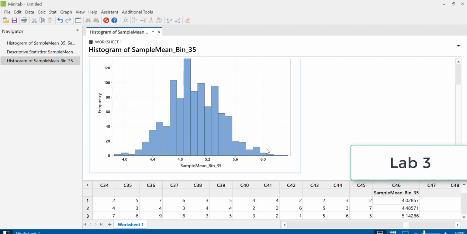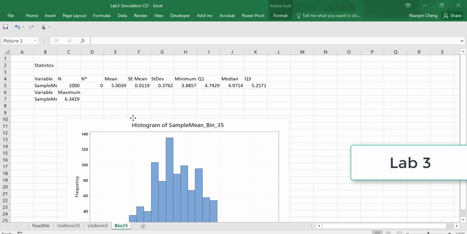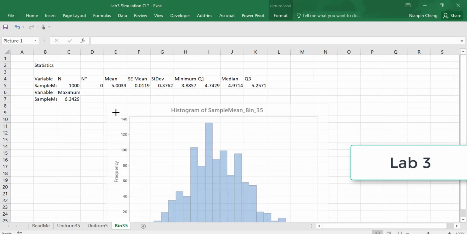It's not that good, but it's still sort of close to normal. But if we generate, say, 5,000, or if the sample size is larger, you will see it's close to normal. Looks like.